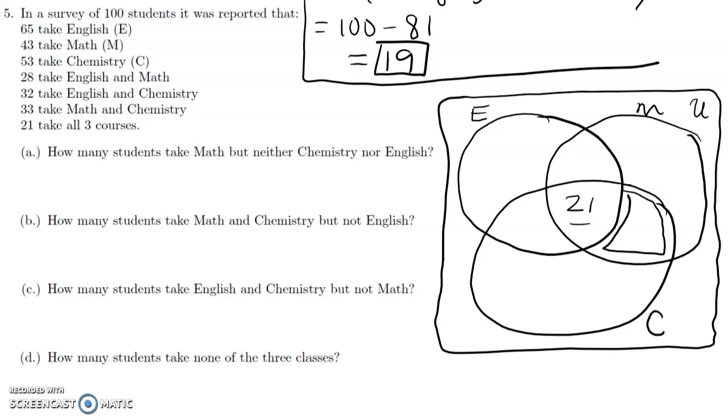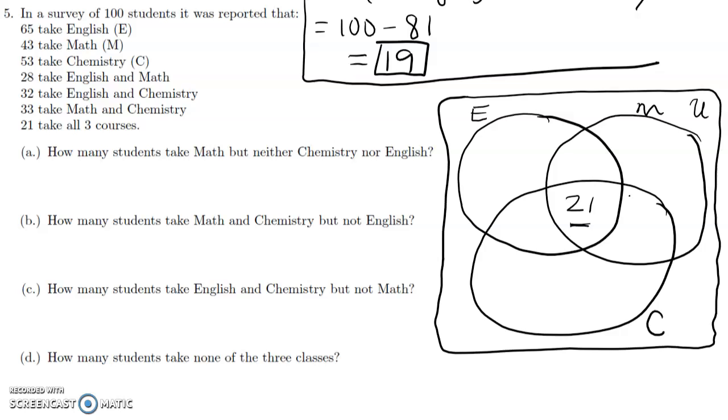Notice it's a portion of the people who take math and chemistry. So the people who take math and chemistry is this full overlap. There needs to be a total of 33 people in that region. But let's take a look at this idea that as a part of that region, I already counted these 21 people.